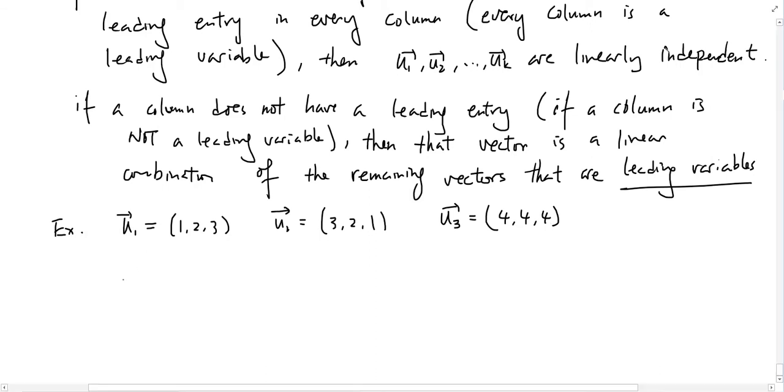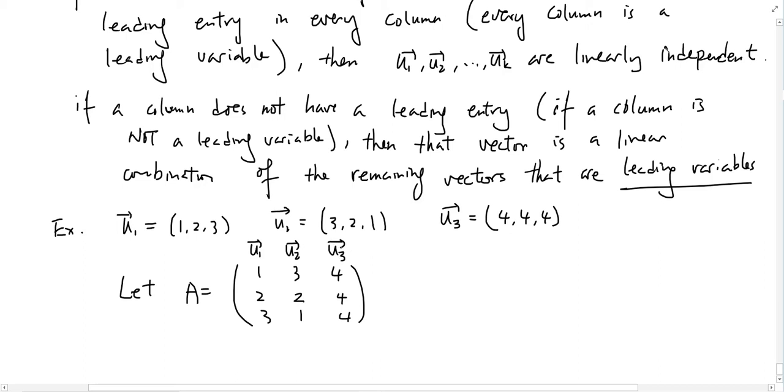We're going to let A be the following. Let A equal the matrix. Remember, we take these three vectors and use them as columns. So 1, 2, 3, 3, 2, 1, 4, 4, 4. This is basically my vector u1 in the first column, vector u2 in the second column, vector u3 in the third column.